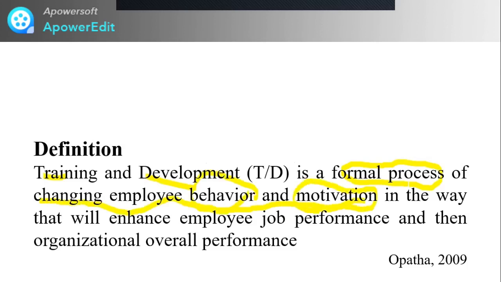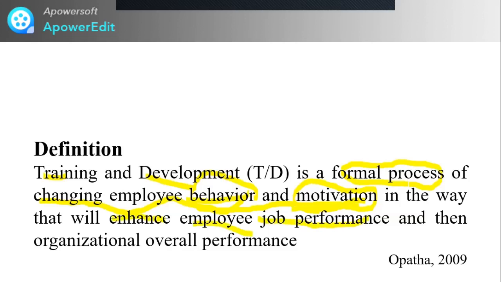Behavior and motivation of employees are changed through a formal process. How? In a way that will enhance employee job performance. Why are we changing employee behavior? Why are we motivating employees? For the purpose of enhancing employee job performance.